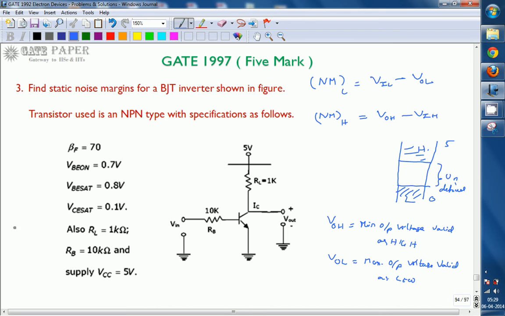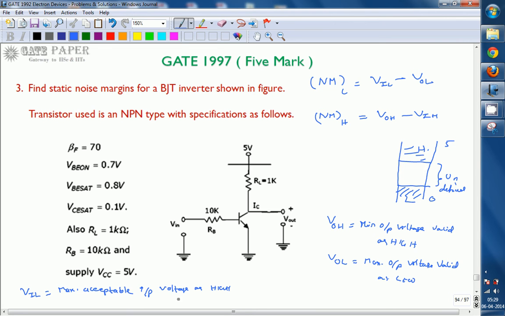So similarly we can write VIL, which is the maximum acceptable input voltage as low level.